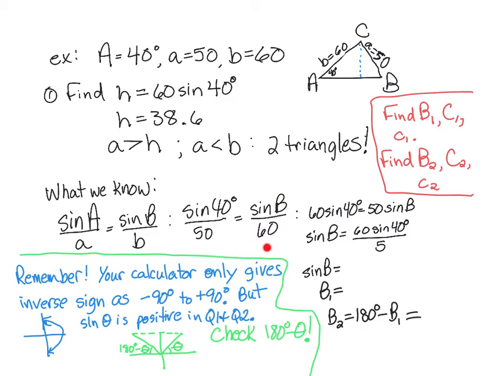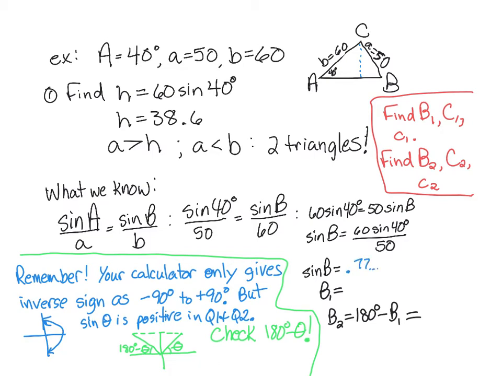So take this equation, multiply both sides by 60, and you get that your sine equals this stuff over 50. So I stick that in my calculator, 60 times the sine of 40 divided by 50, and I get 0.7713, and so on.